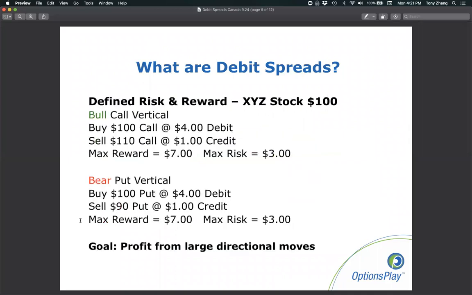How do you actually construct a debit spread? I'm going to first of all use an example of stock XYZ trading at $100. Before we talk about the construction of it, the one thing that I think is really important to understand about debit spreads that's different from pretty much all other forms of trading is that you have a defined risk and reward of each spread before you get into a trade.